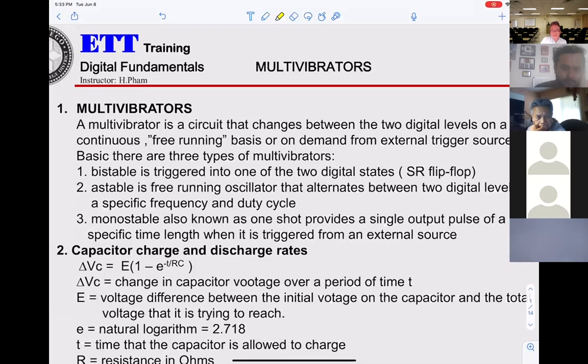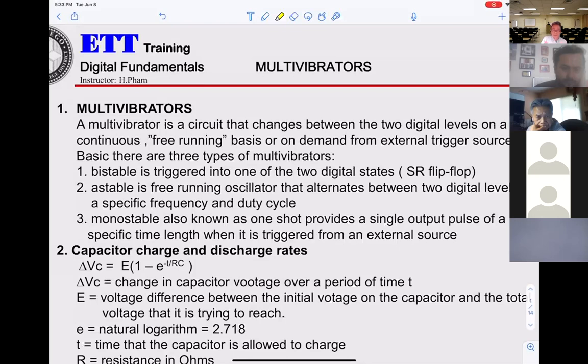Astable, basically, is like you get a generator. You connect it into the TTL logic, and it just comes out with a square wave, whatever frequency. However, the logic will be 0 and 1, okay? And the monostable, they call it one shot. Basically, it generates just a pulse, okay?